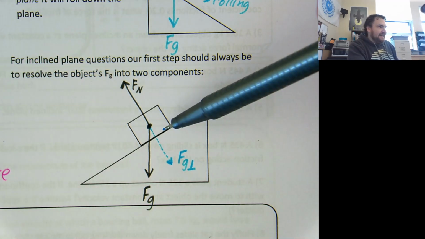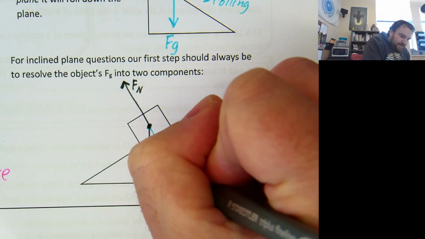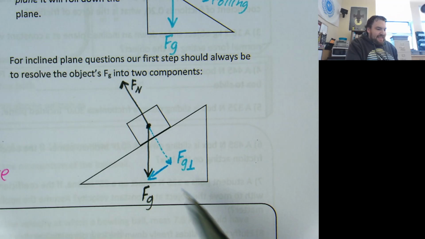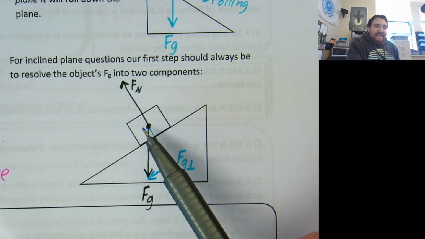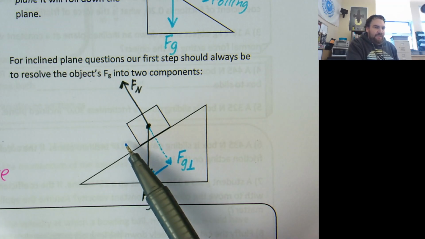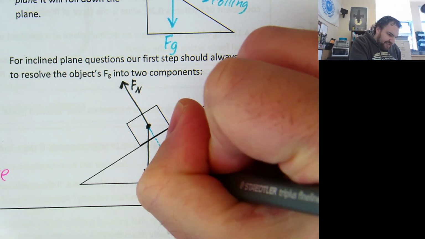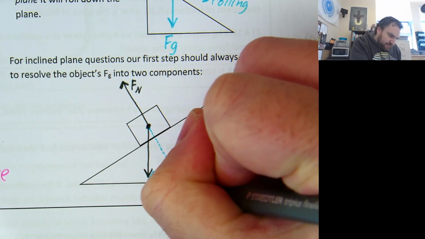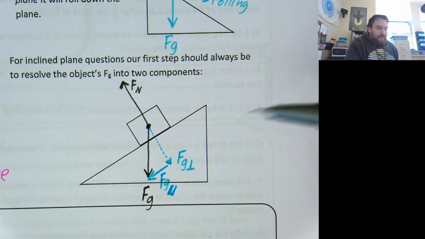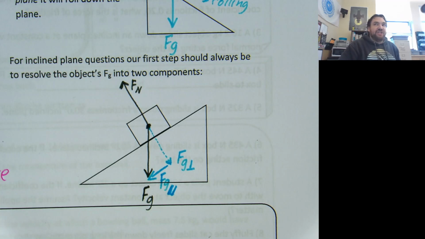But the thing is sliding down the incline. So then there also needs to be a portion of gravity that is in the same direction as the incline itself. I'm going to call this thing Fg parallel. And this is the notation I'm going to use for parallel. It's the two parallel lines. It looks like Fg 11. It's not.